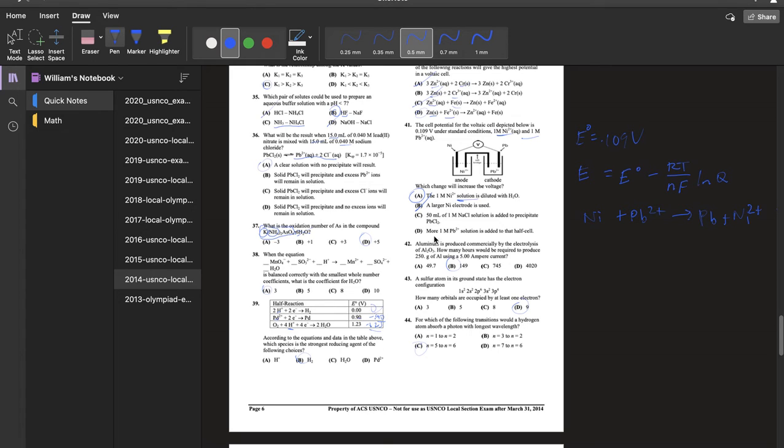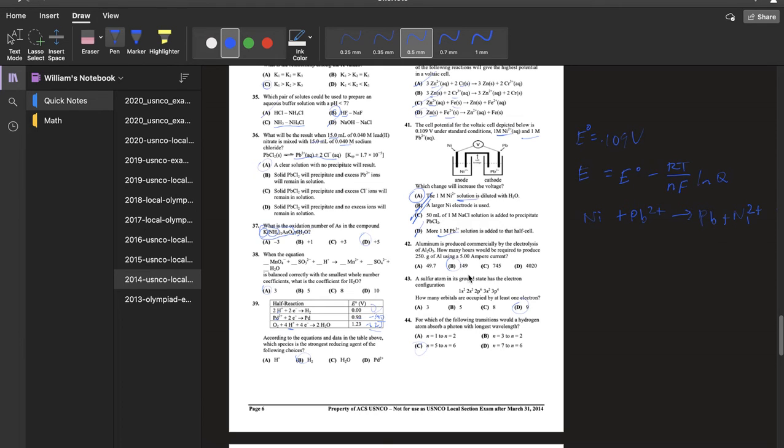That would actually have the opposite effect because we're lowering the lead ion concentration, and that would be lowering a reactant concentration instead of a product concentration, so that would make our Q go up, and that would make E less than E naught. So that's the opposite of what we want to do. Okay, quick lesson: if you add something of a certain concentration to another solution of the same concentration, you're not changing the concentration. So that's why D is not right.